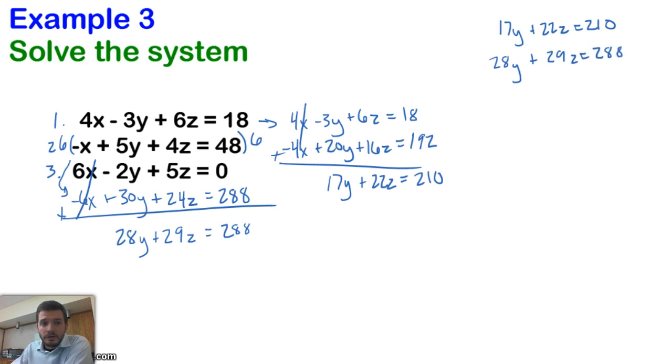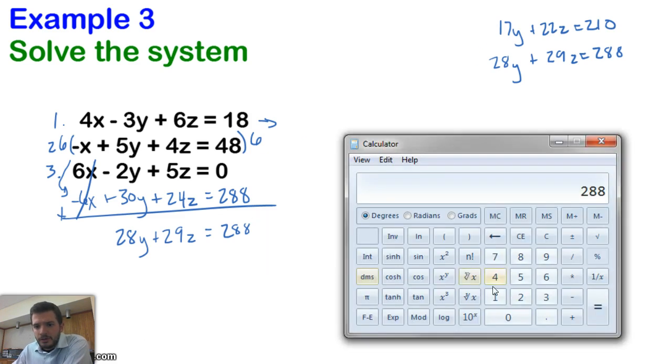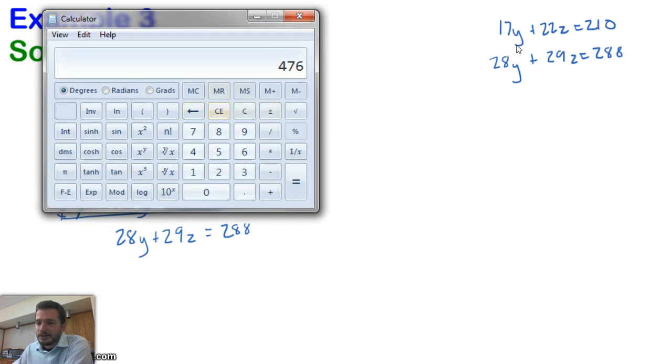Alright, this one's going to be a little bit tougher. I'm going to erase this because we're going to need some room here. We need to find the least common multiple between these guys. Just to save us some time, I'm going to multiply 17 times 28. So 17 times 28 is 476.